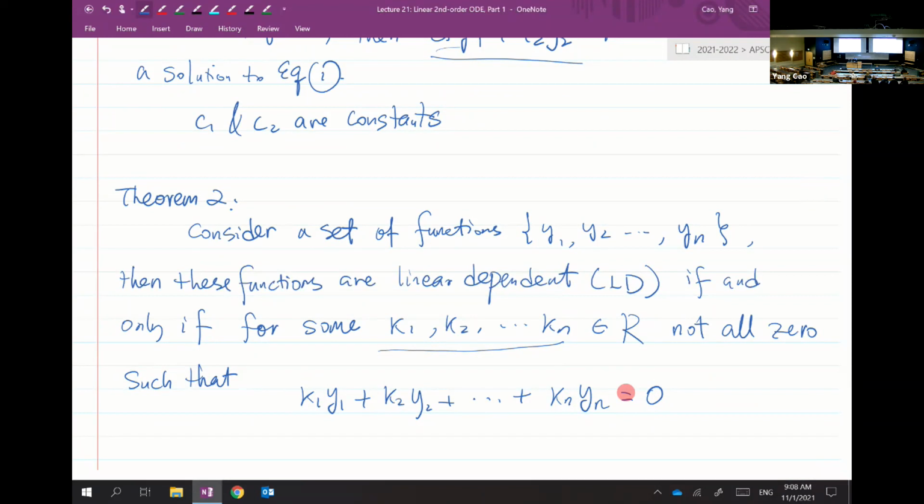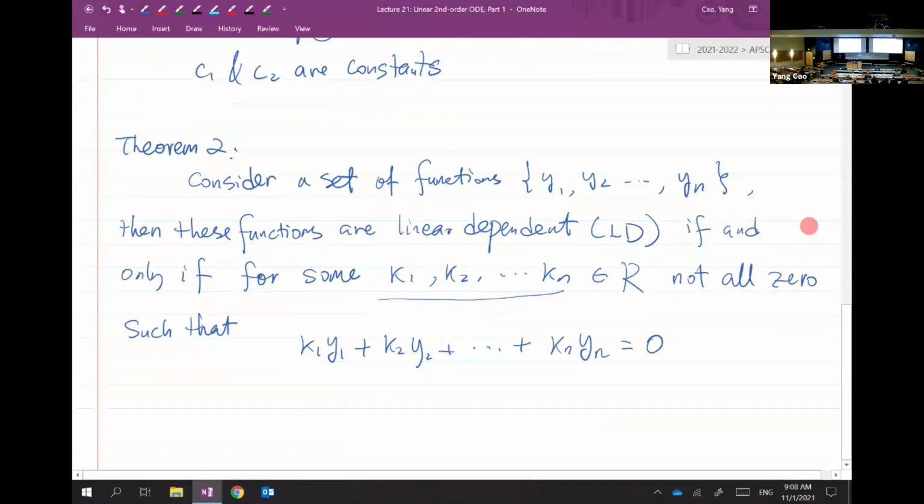Let's read it again and see if we get the meaning behind it. You have n functions, and we create an expression by multiplying each function with a number k1, k2, up to kn, adding them together, and setting it equal to 0.